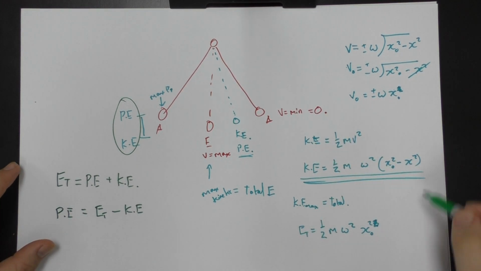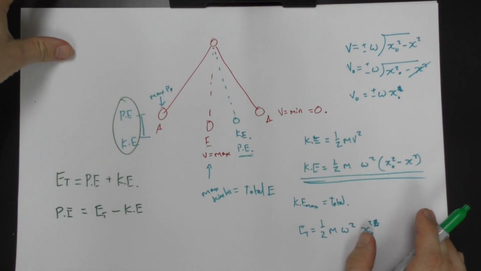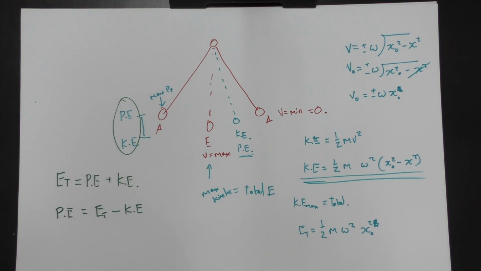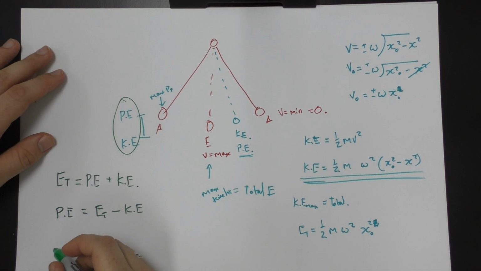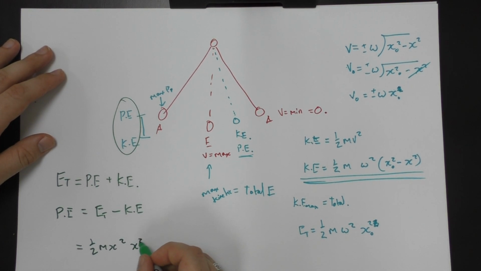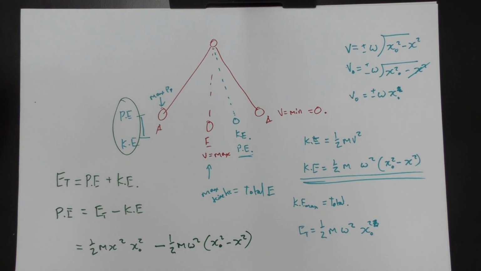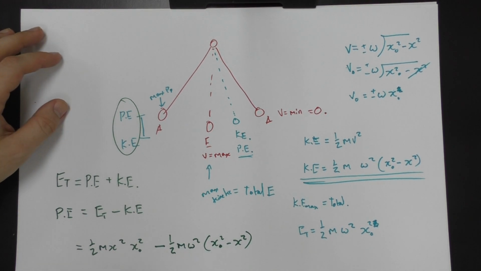Which, if we put these equations together, we can find out something very interesting, an equation for the potential energy. So we can say that E total, which is a half m omega squared x naught squared, minus half m omega squared times (x naught squared minus x squared), will equal the potential energy.